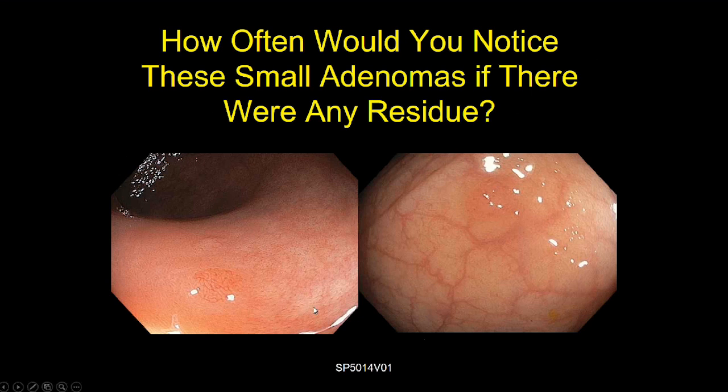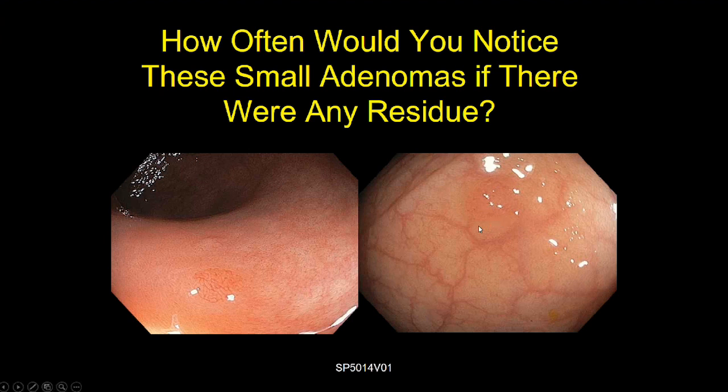I put it to you, on this image over here, how often would you in your practice notice these small adenomas if there were any residue? And by the way, I hope you'll notice that there's not just one polyp here, there's another polyp just a little bit above it. I'm circling it right now. Okay, that's the kind of clarity we're going to need to have.